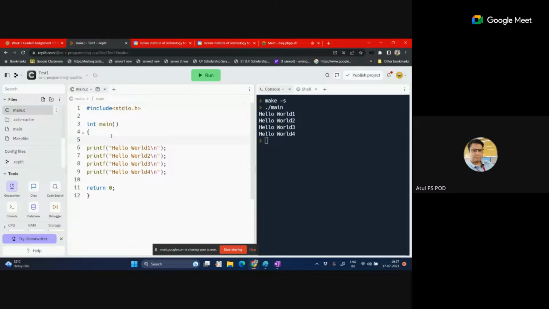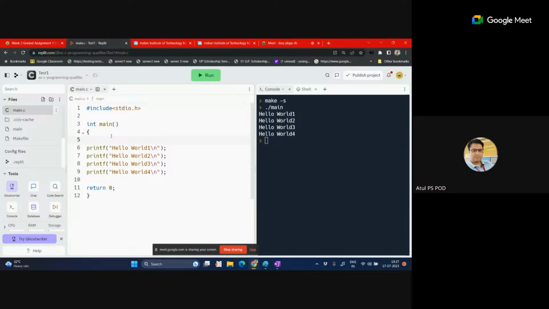Okay, so how can we write comments in our program? There are two ways to write a comment in your code: one is single line and the other is multiple line. For a single line comment, you just need to use two slashes and then write the comment.